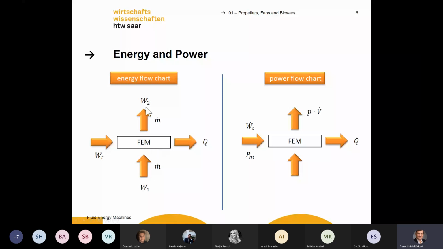On the other side, we can make a balance about the power. We can balance the power that goes into the fluid energy machine, the heat flux that goes outside, and the power that goes outside the fluid energy machine. These are two ways of balancing.